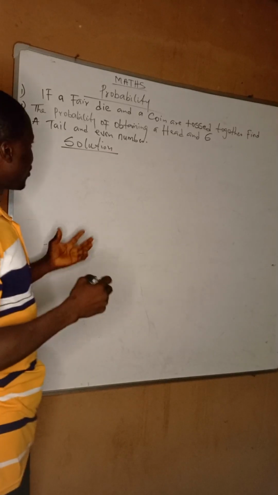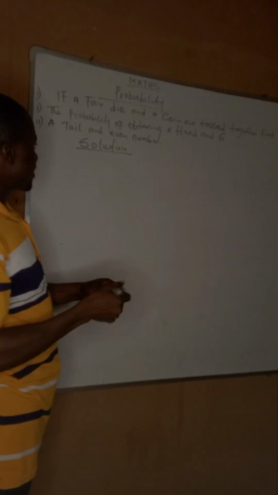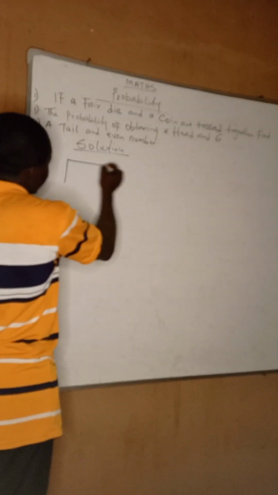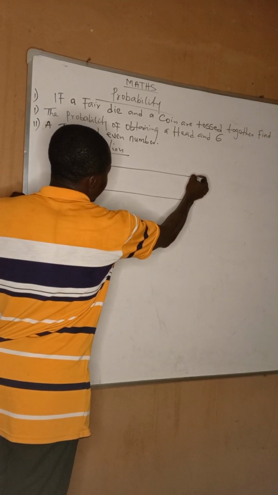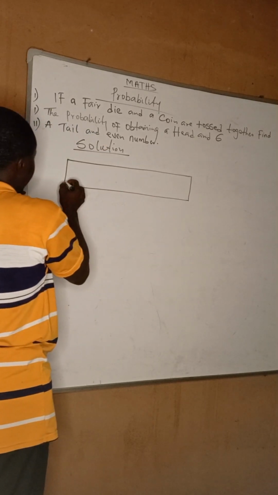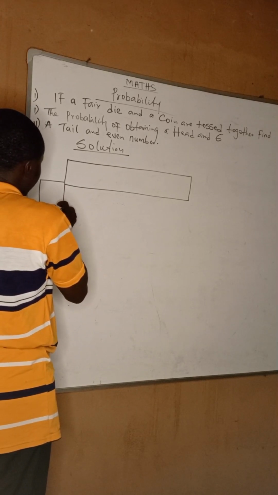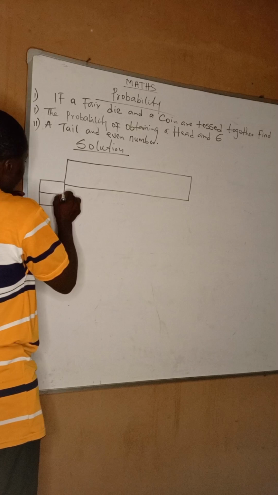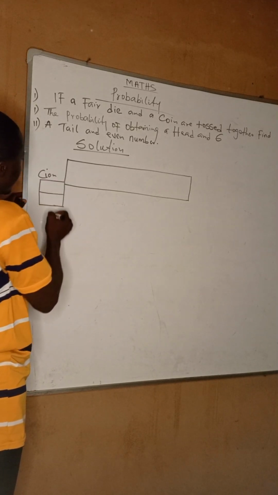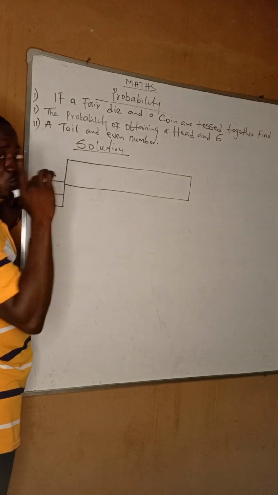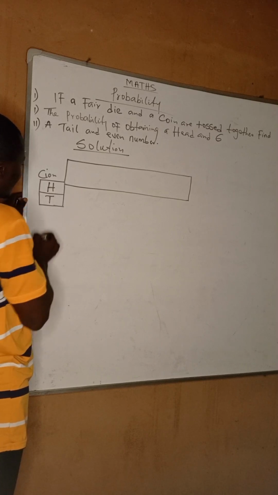We are going to draw a table where one side will contain the coin, the other side will contain the die. This side will be the coin, and under the coin we have two outcomes, which are the head and the tail.